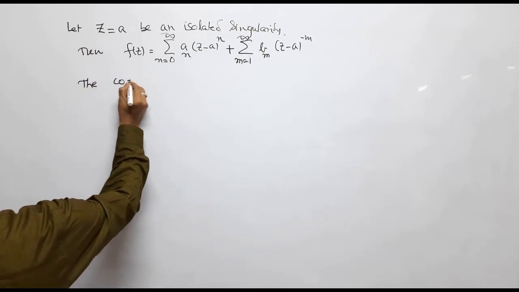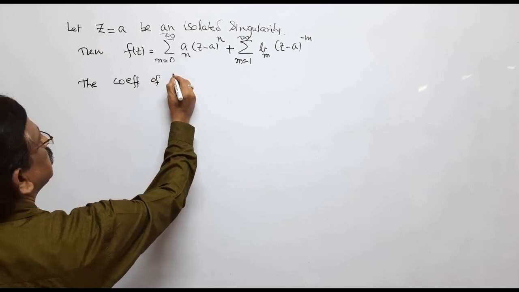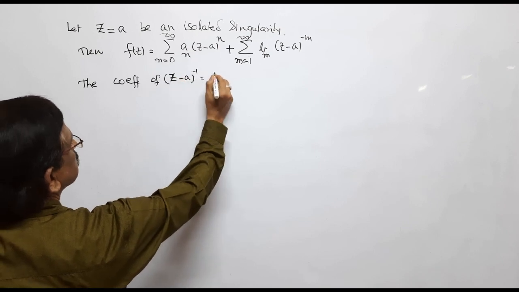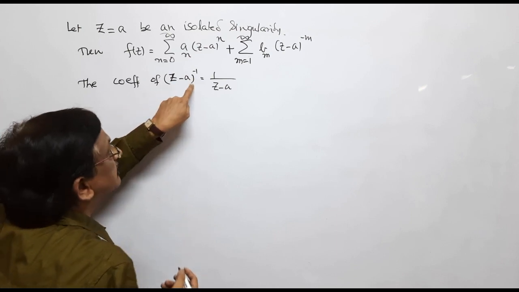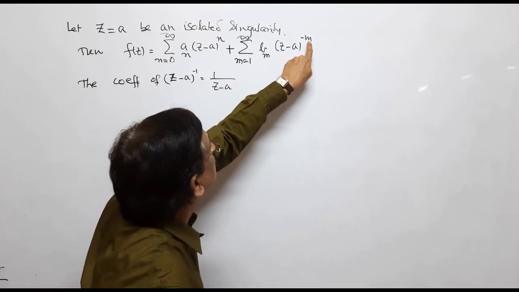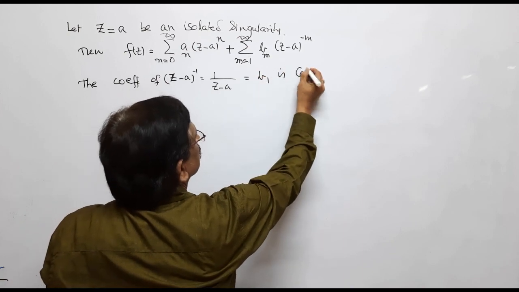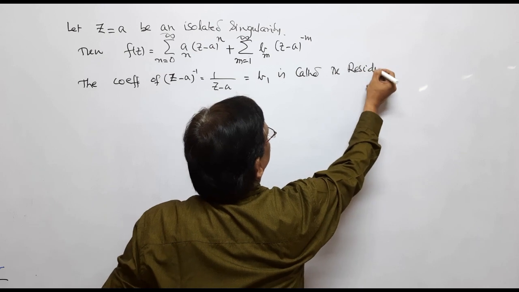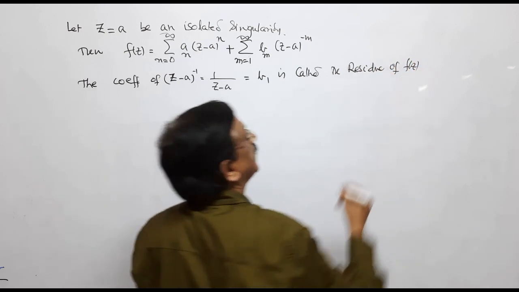The coefficient of (z − a)^(−1), which is 1/(z − a), that is b₁, is called the residue of f(z) at a.